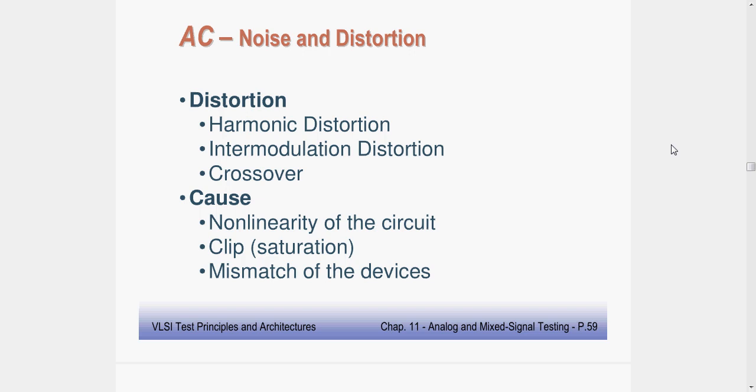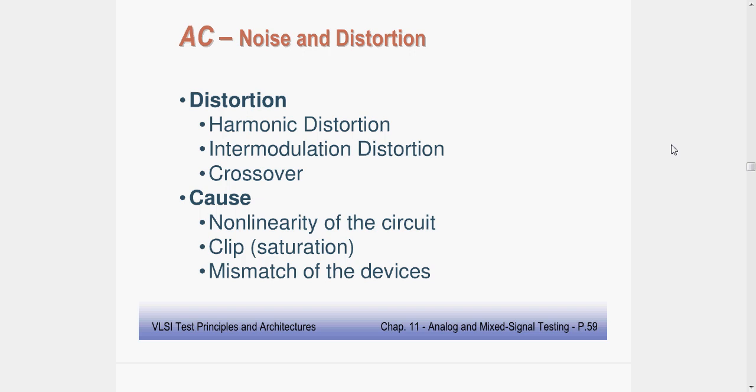And what are the causes of these types of noise or distortion? The first thing is non-linearity of the circuit. If there is any mismatch within the circuit, we have a fundamental frequency, and from that fundamental frequency we get multiple frequencies which are multiples of the fundamental frequency.